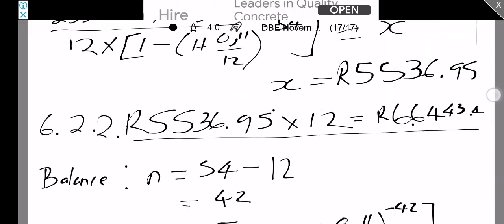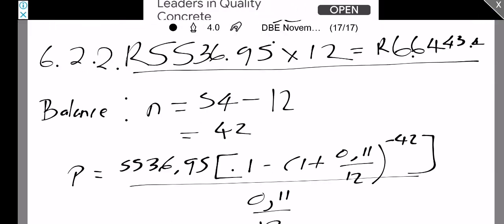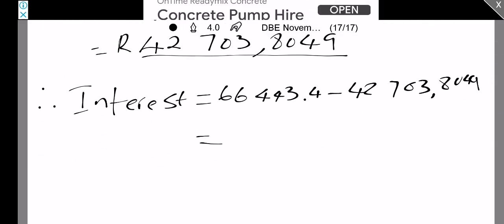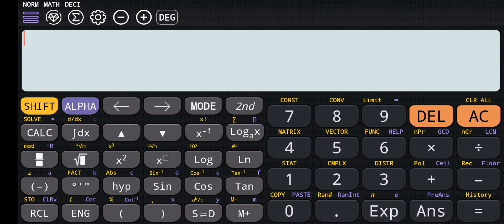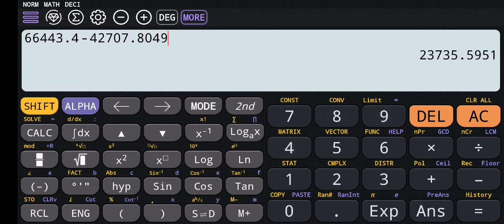Let me confirm if I haven't made a mistake. 66,443.4. Okay, let's punch that in. 66,443.4 minus 42,703.8049.